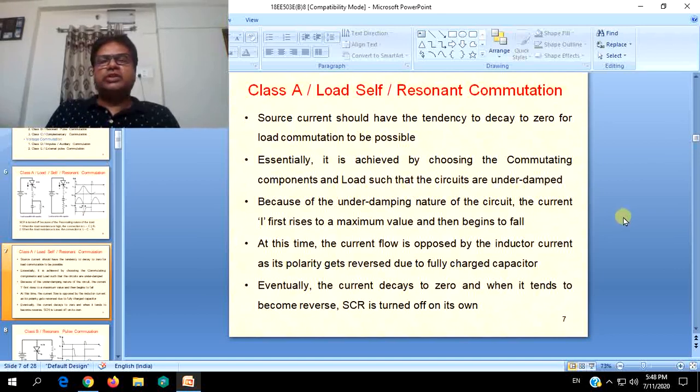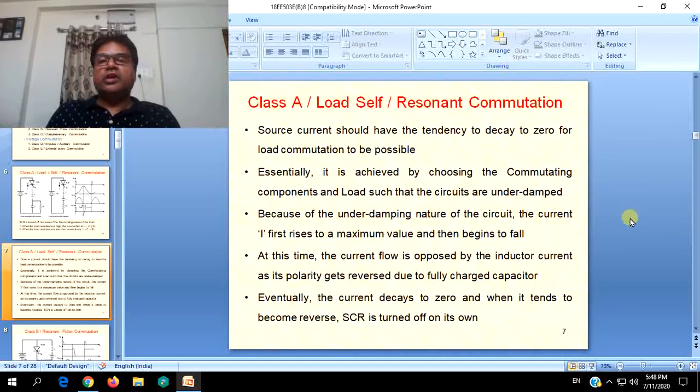These commutation procedures are chosen according to the nature of the load and the switching frequencies you require, to manipulate the waveform or condition the waveform of the current which will enter the load.